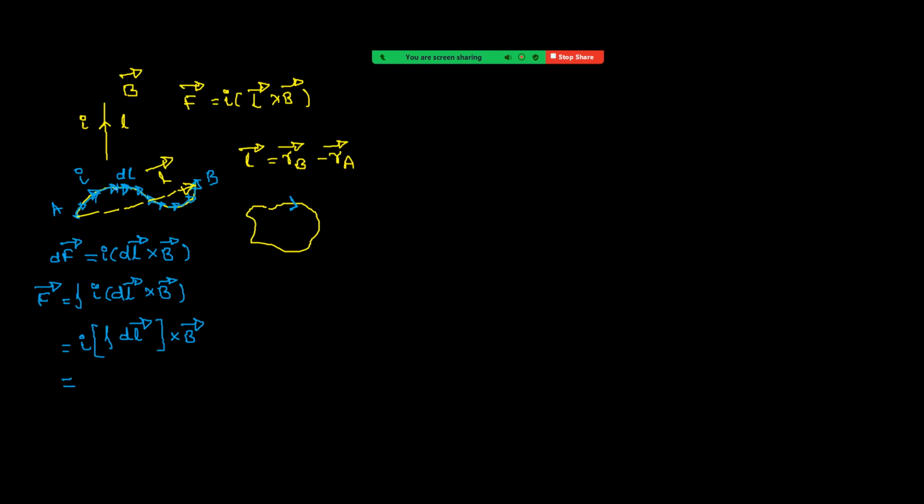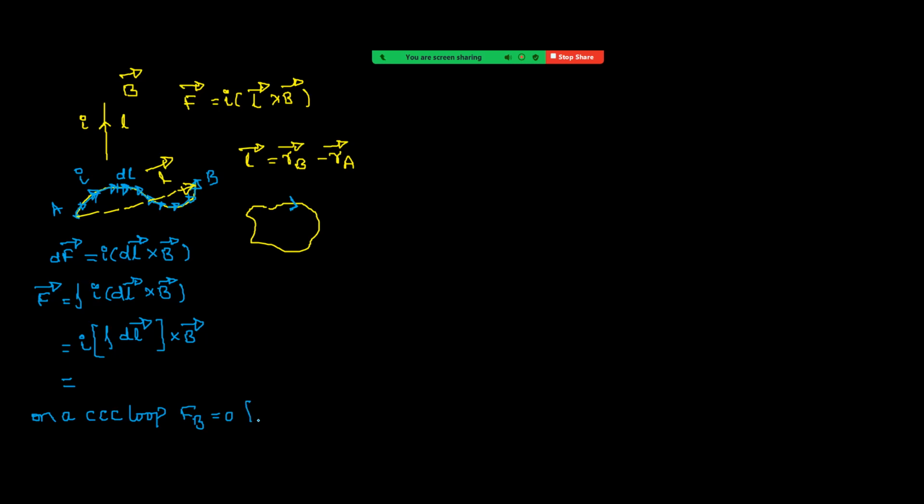See here, this is not a closed one, so we are taking the closing side in reverse order, and this has some length. But when it is a closed one, there is nothing to close. That means the integration of dl bar gives zero. So on a current carrying conducting loop, the magnetic force is zero.